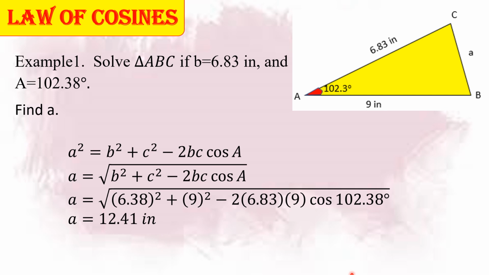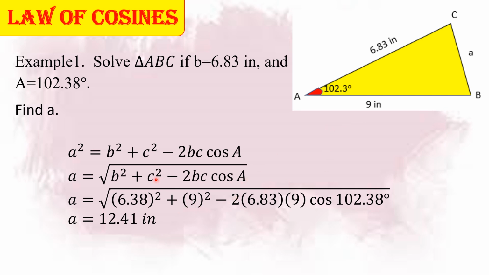So to remove the square here, we need to take the square root. So this will become A is equal to the square root of B squared plus C squared minus 2BC times cosine A. And then just substitute the values. So what is our B? Our side B is 6.83. So 6.83 squared, since it is squared, plus our side C is 9.